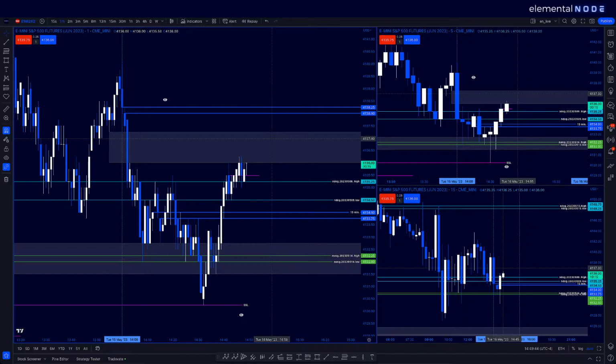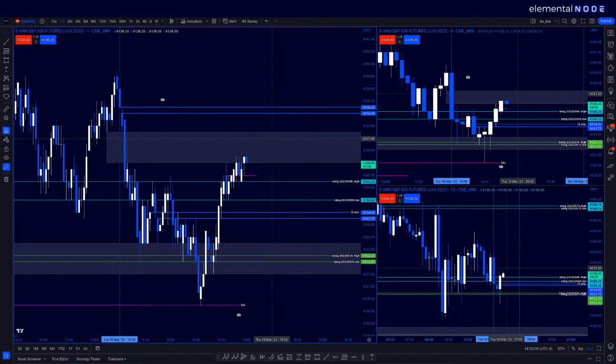Looks like our magenta line is still holding up. Nice little launch pad.